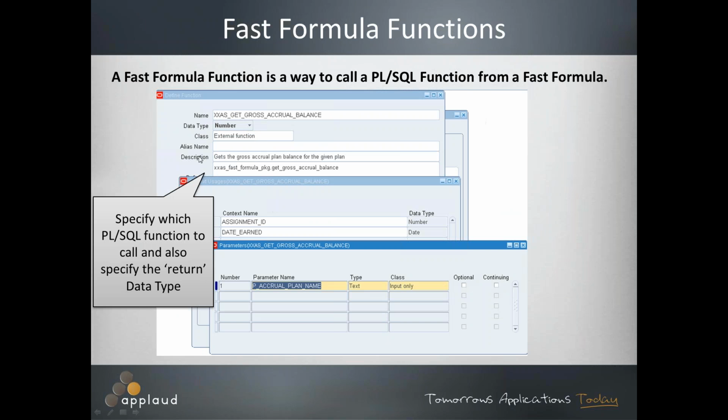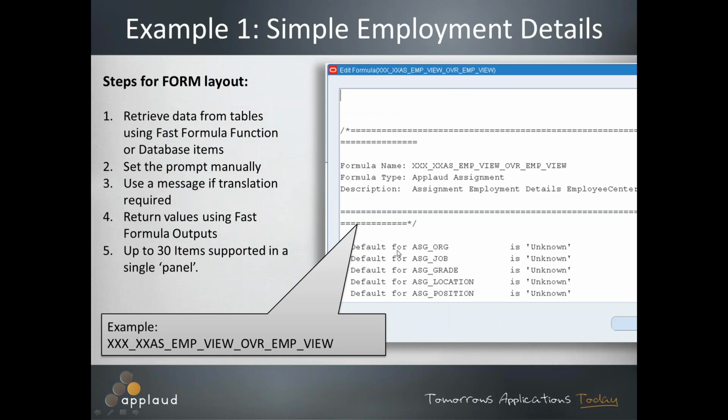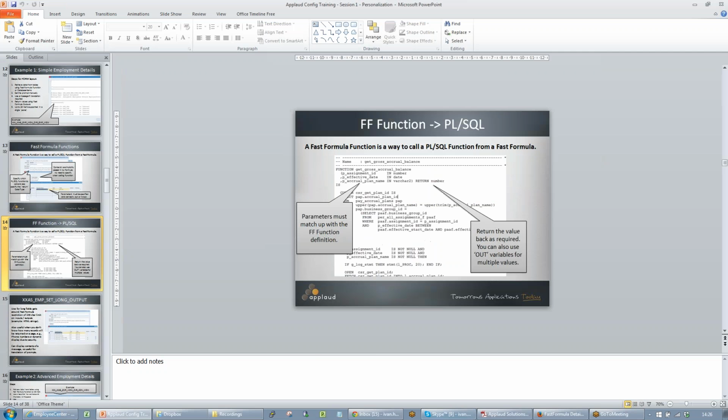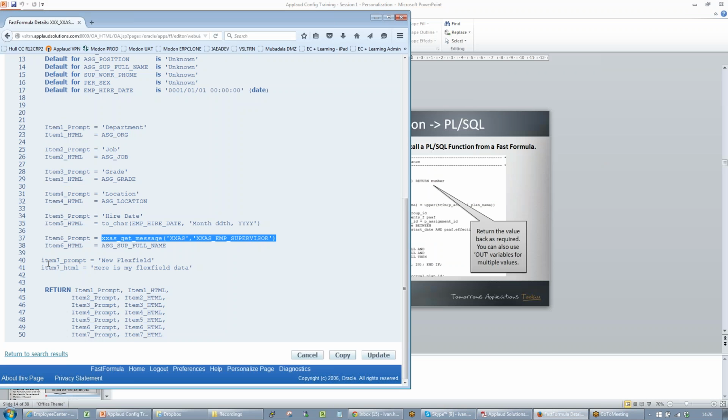So I'll just go back a few slides here. Let's go back into the screen where you see the fast formulas, where you're setting in particular item 7 HTML and passing them back.